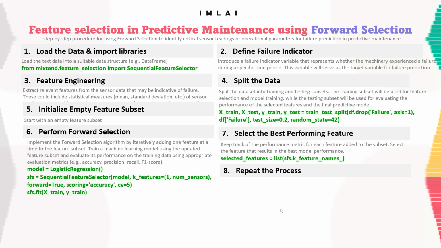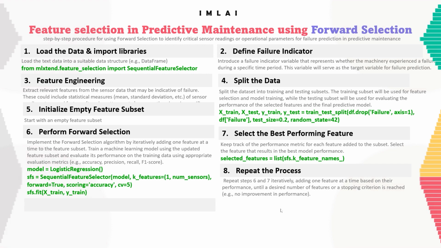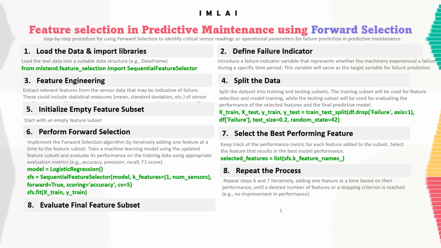Then step 8, repeat the process. Repeat the steps iteratively, adding one feature at a time based on their performance until a desired number of features or stopping criterion is reached, for example, no improvement in performance. That will be done by the algorithm. You don't need to worry, but I just mention it for your information.